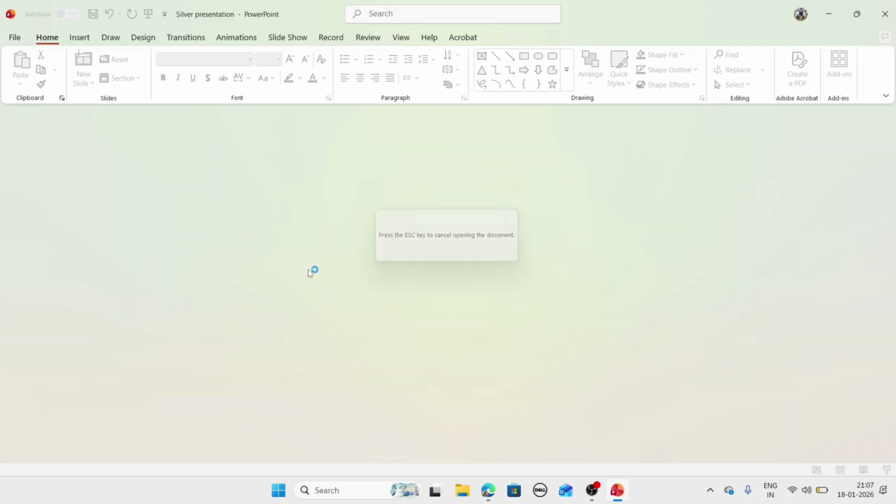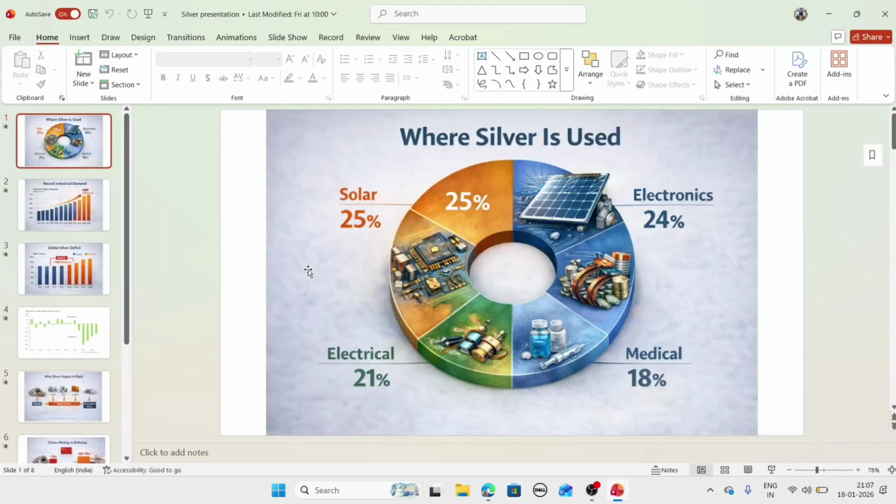Scientists are planning to replace silver with copper, but till now silver has been used. For solar panels it is around 25% of overall supply, 24% in electronics and electricals, and 80% in medicals. For medical, I think it is very difficult to replace. For solar panels it can be replaced, but for electronics I think it is also hard to do.